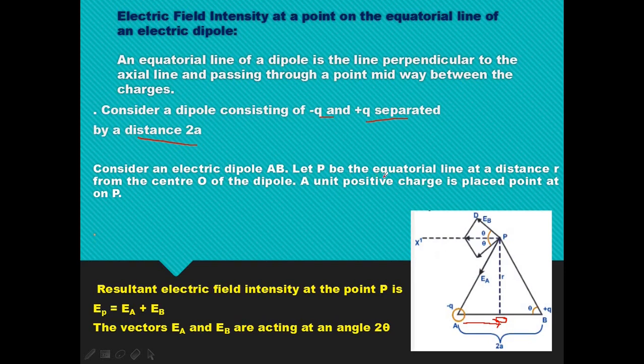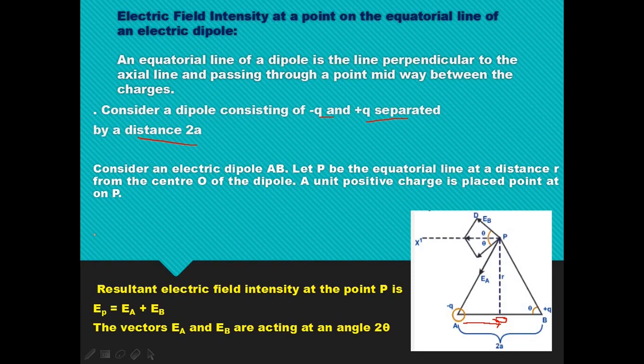Let PV be the equatorial line at distance r from the center O of the dipole. Here is the point P, and the unit positive charge is placed at point P. The distance from the center O is small r.